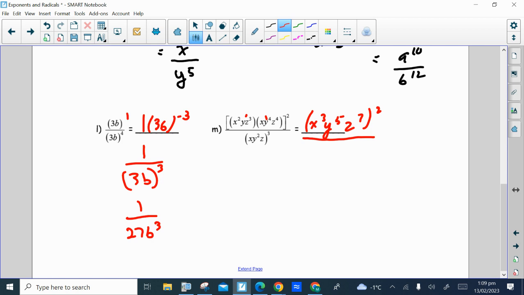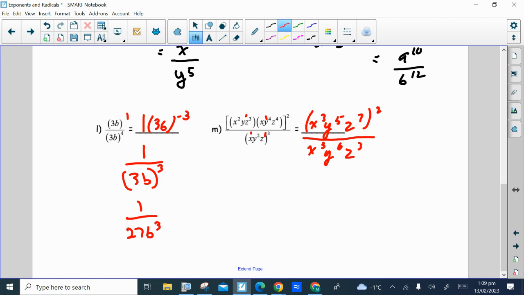And on the bottom, we can simplify this. We've got 3 powers inside the bracket raised to the power 3 outside. In each case, we multiply the exponents. So it'll be x cubed y to the 6th z cubed. So I simplified the bottom completely.